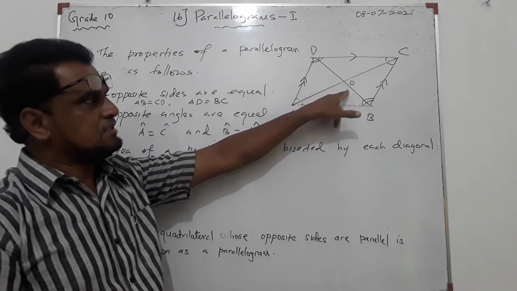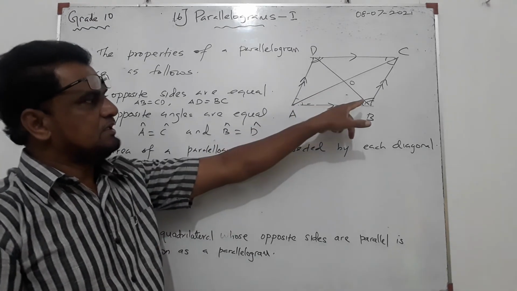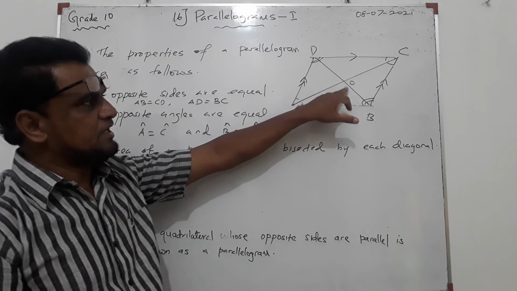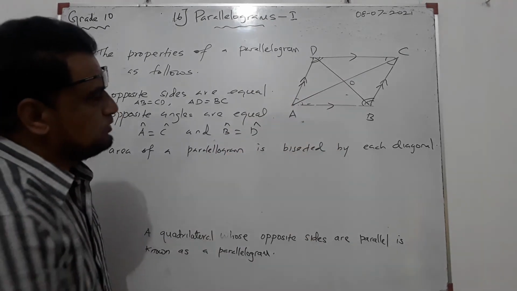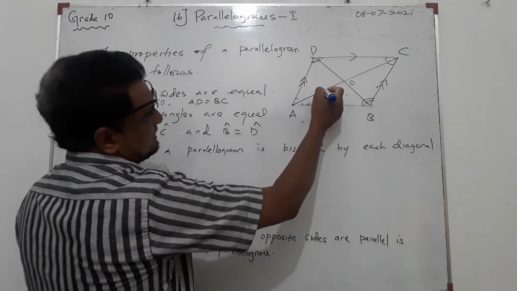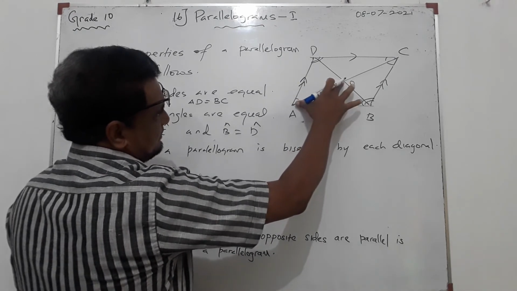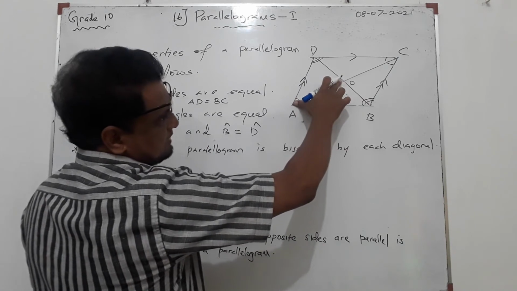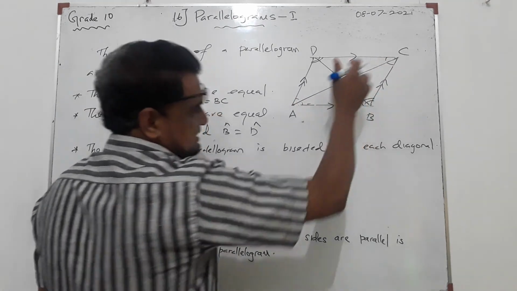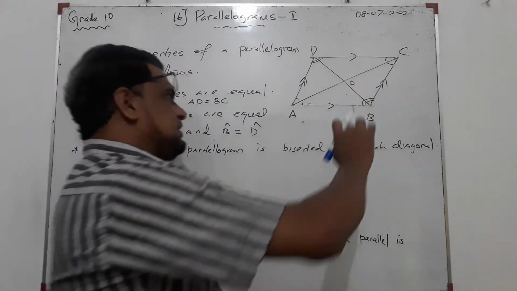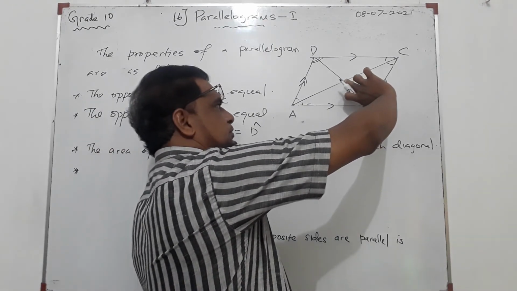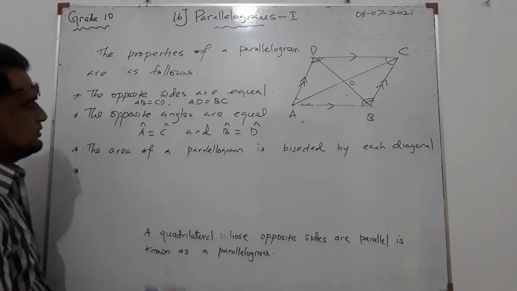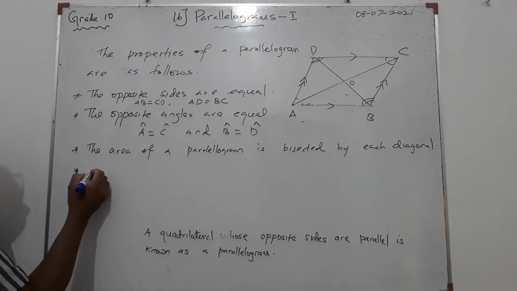There are two diagonals. When you connect A to C and when you connect B to D, they are meeting at a point O. Now you can take a measurement between O and A. When you measure AO and OC, they are equal to each other. Similarly, you can do the same for BO and OD. They are also equal to each other. So you can write the conclusion.